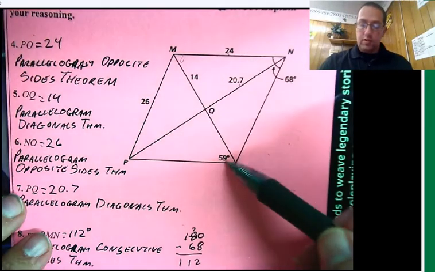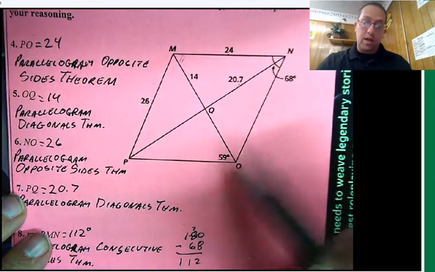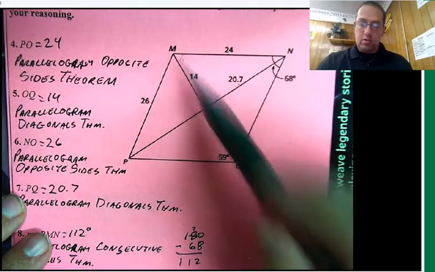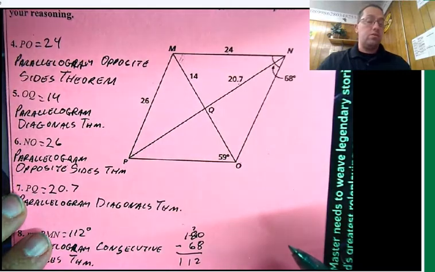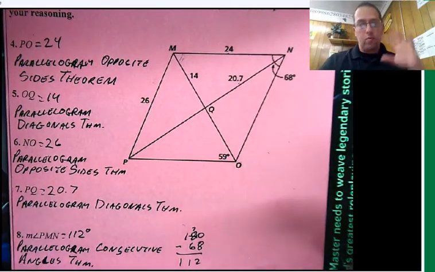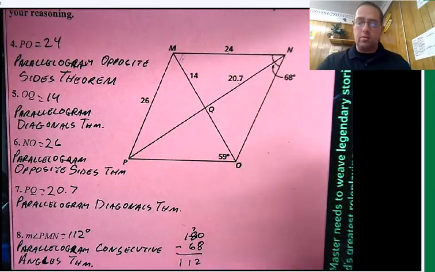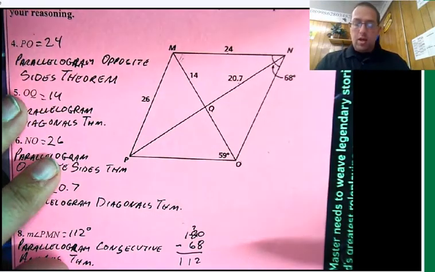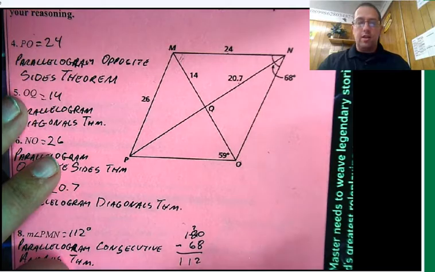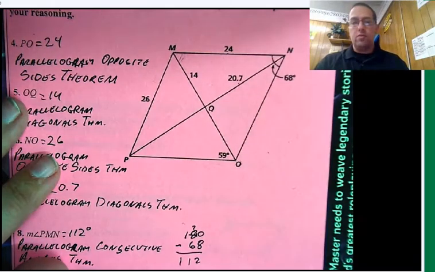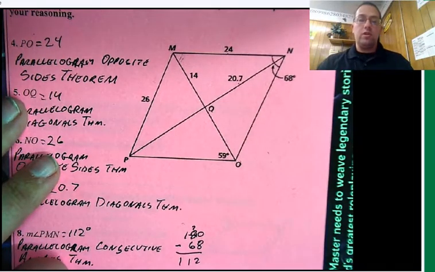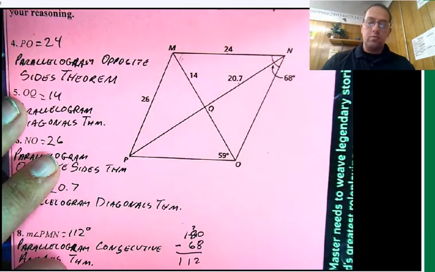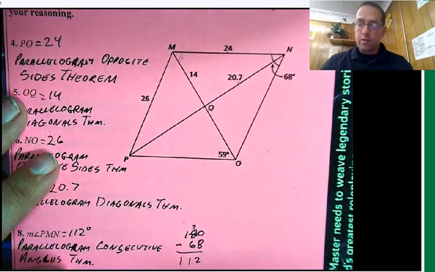Well, looking at this, we do have this 59. We haven't used that. Maybe that can help us. And if we look at it, those two angles are alternate interior angles, aren't they? Right? If you remember way back when we talked about parallel lines, we had alternate interior angles. And we said back then that alternate interior angles were congruent if the lines that were being crossed by that transversal were parallel to each other, right?